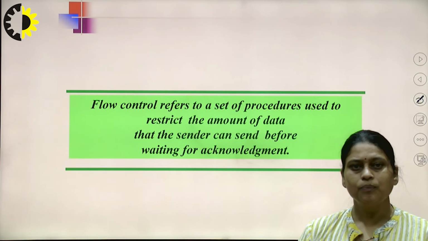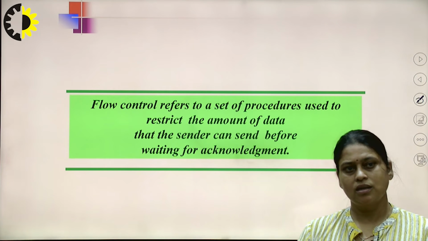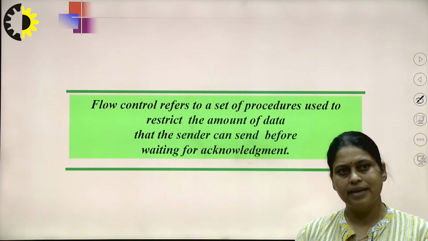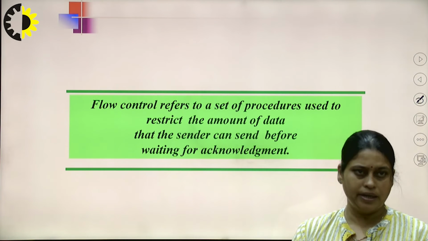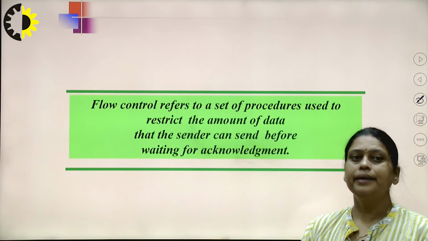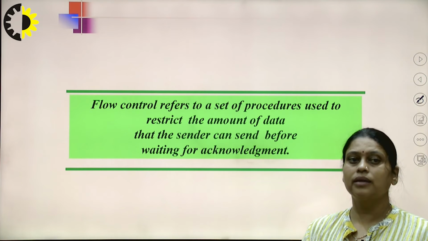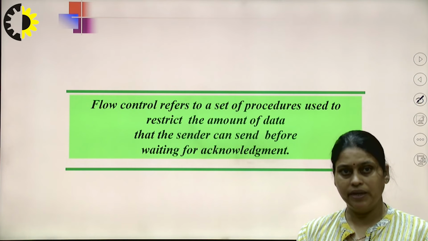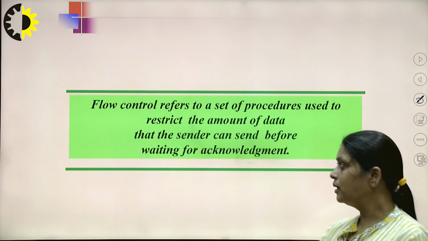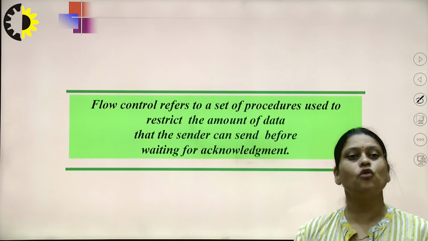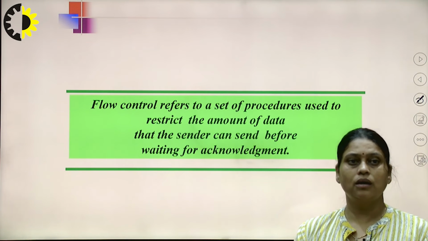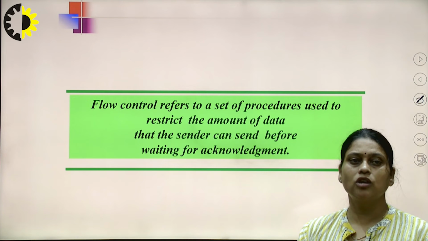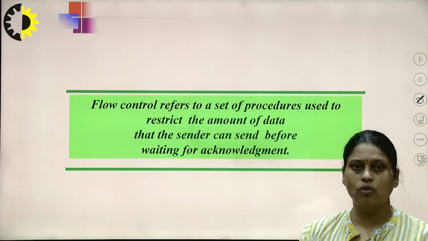If the sender sends a bulk amount of data to the destination, and the destination is not capable of receiving that much data, there will be an overflow condition. We have to remove this overflow condition with the help of the flow control method.